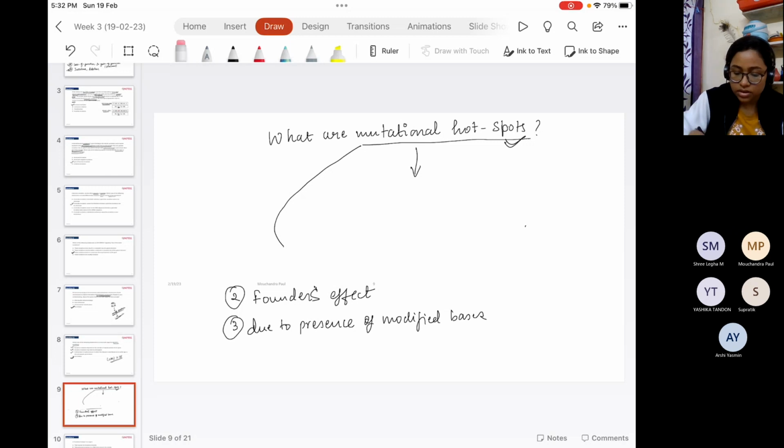Now another thing that happens, the genetic drift. Are you aware what is genetic drift? This is also a thing that you have studied in your class 12 in evolution, how evolution happens. What do you mean by genetic drift?